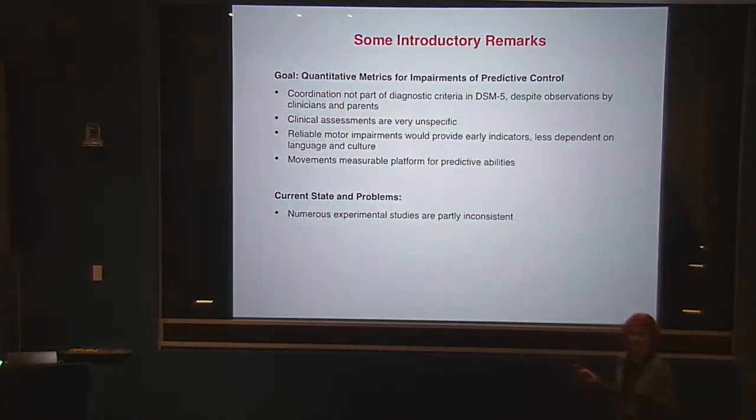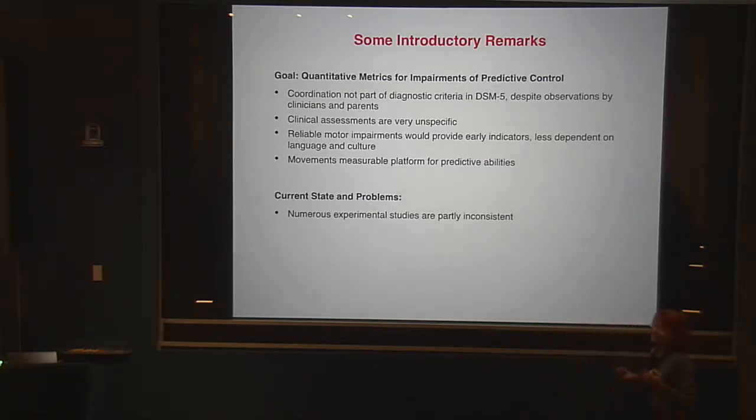So before starting with our specific experiments, let me just make a couple of introductory remarks. And the first one is referring back to the diagnostic criteria in the DSM-5 that Pawan already showed. And while one of the criteria is the degree of repetitive stereotypic behavior, movement coordination otherwise is not included in the diagnostic criteria, despite the observation from many caregivers and parents that motor skills are not comparable to healthy neurotypical age-matched children.